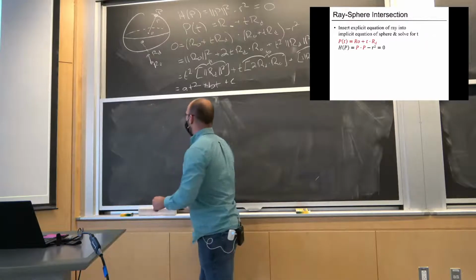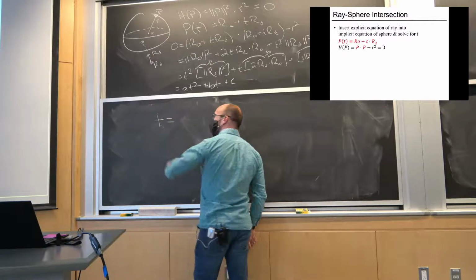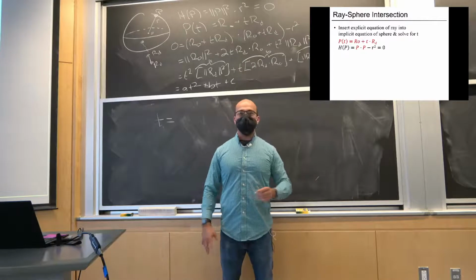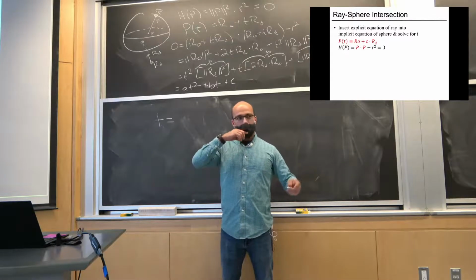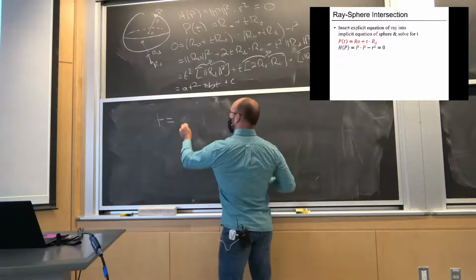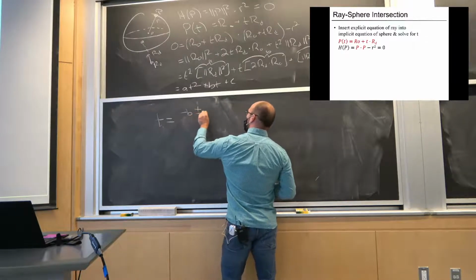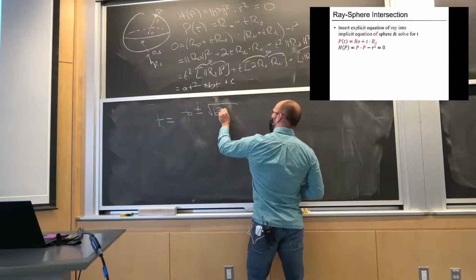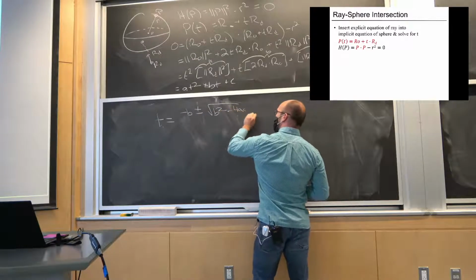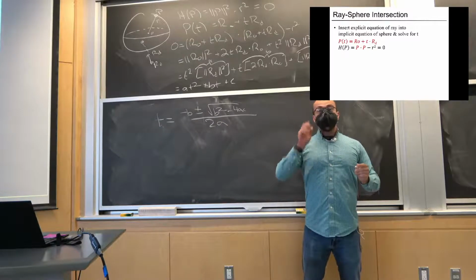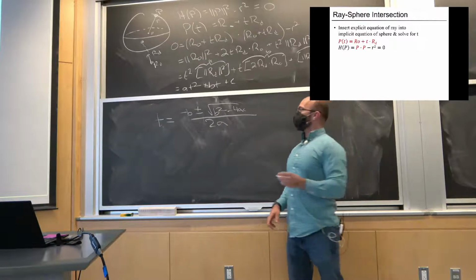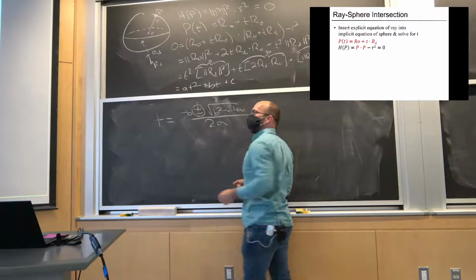So, what is t? Yeah. So it's negative b plus or minus the square root of b squared minus 4ac divided by 2a. Notice that there's something a little fishy here, which is this plus or minus.